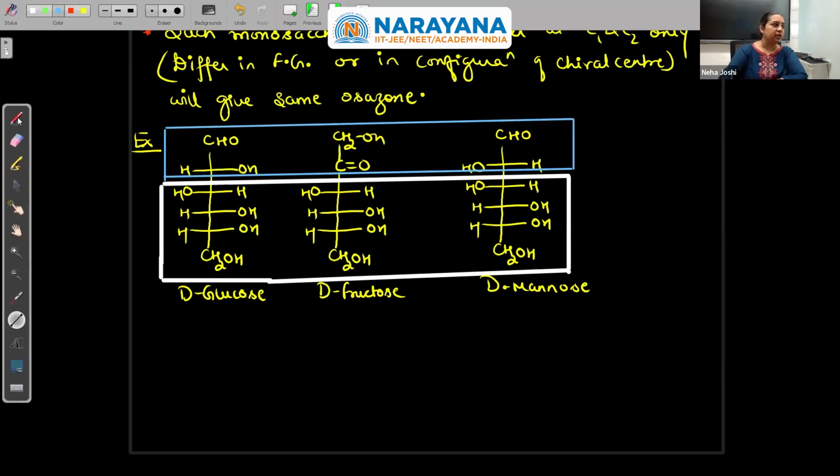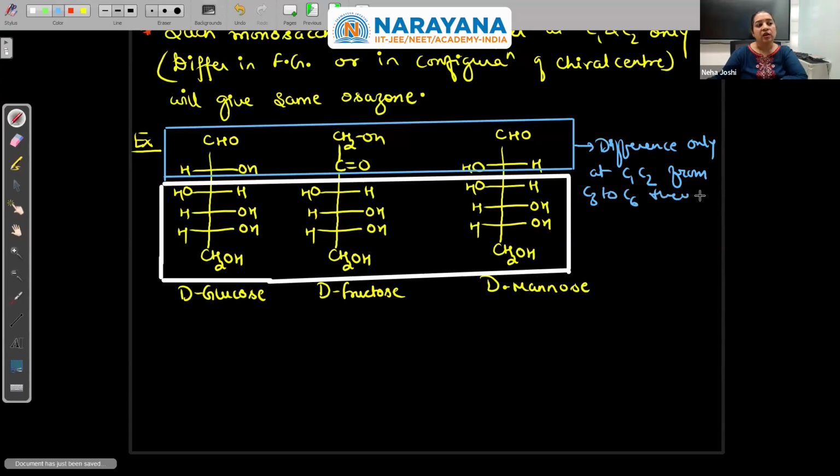Is that appropriately marked? A difference only at C1, C2. From C3 to C6, they are identical.